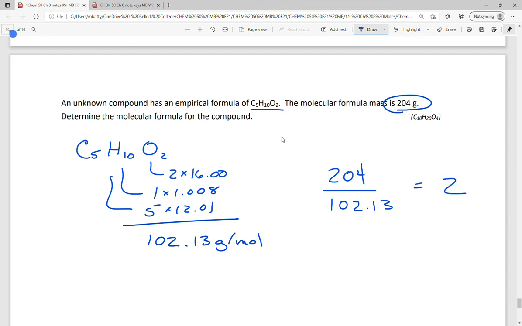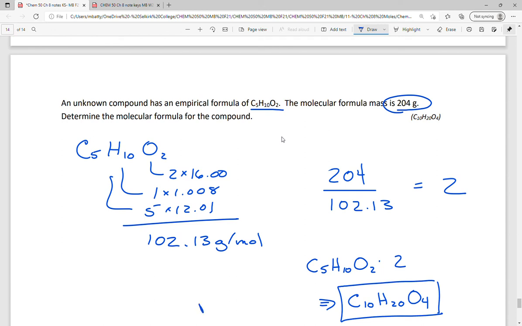If the scale version is 2, we have our empirical formula times 2 for our molecular formula of C10H20O4. So that is the molecular formula.